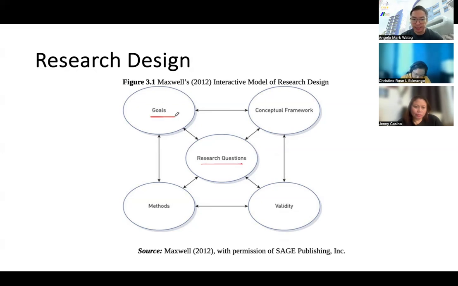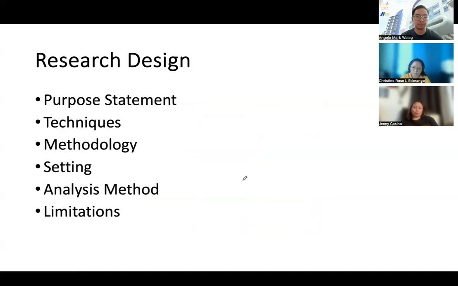It should address the goals of your study. The conceptual framework and the theoretical framework would always be anchored in the research questions, and the methods will be based on your research questions, and how you establish the accuracy and validity of your results will also depend on your research question.